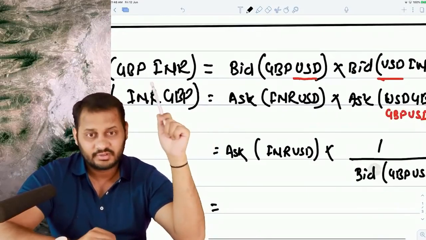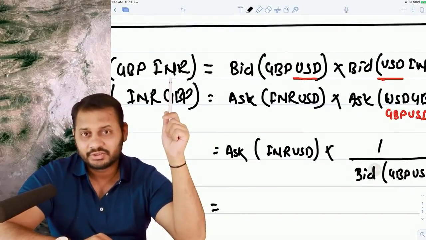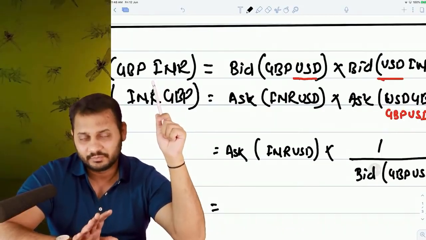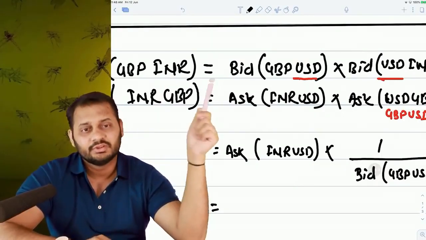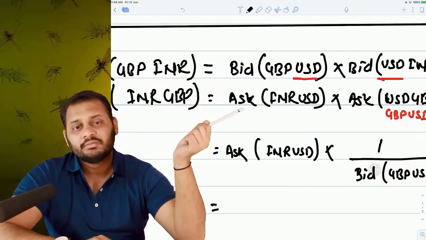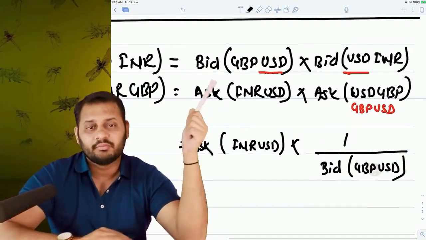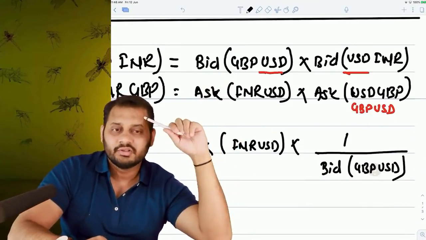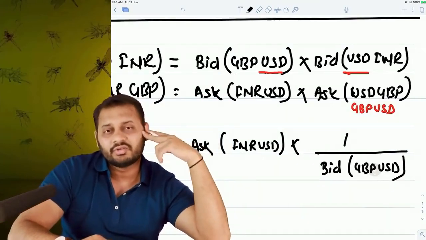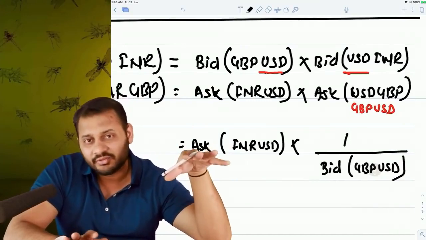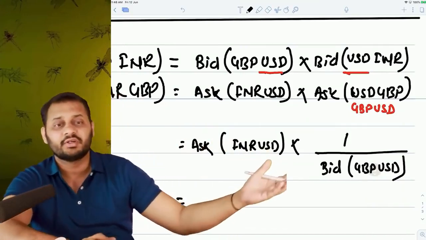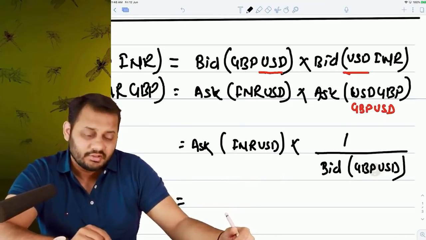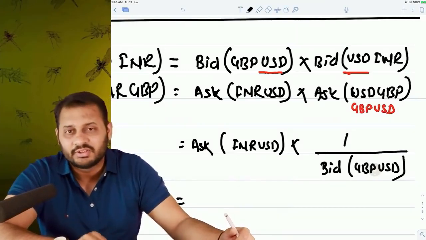And then the next thing is GBP should be first, INR should be last, and in between you have to fix the third currency, US dollars. Then comes the requirement. You need to find out whether GBP USD is given in the question or not, whether USD INR is given in the question or not. If it is given, the calculation is easy. If it is not given, you need to convert your requirement into what is given in the question. This way you will never make a mistake.